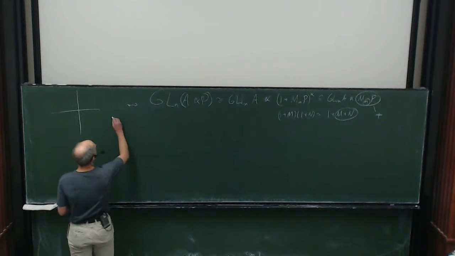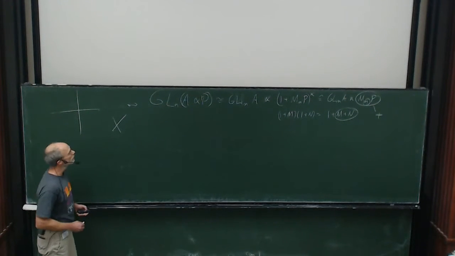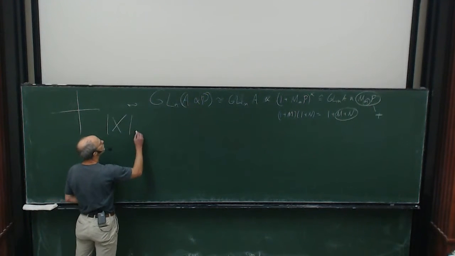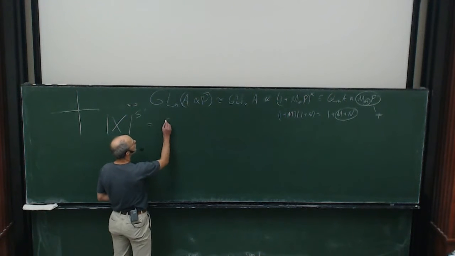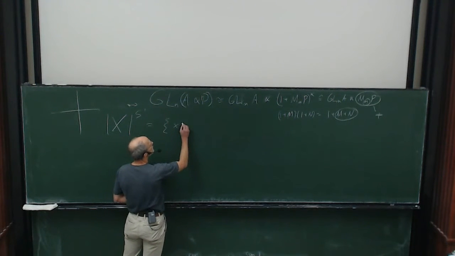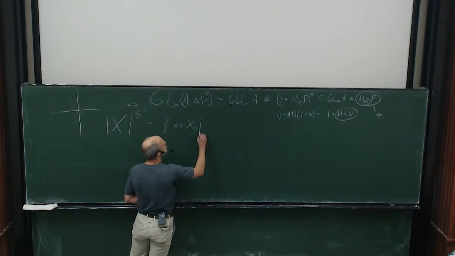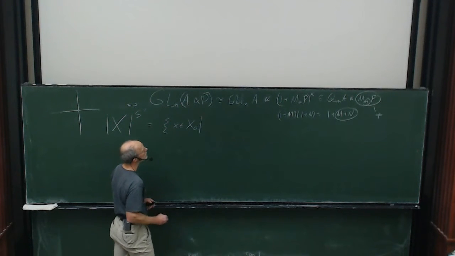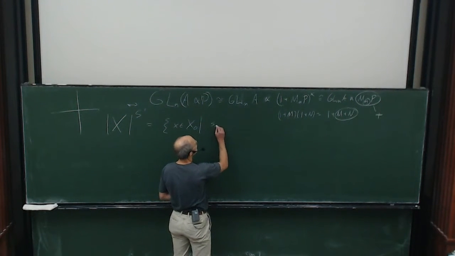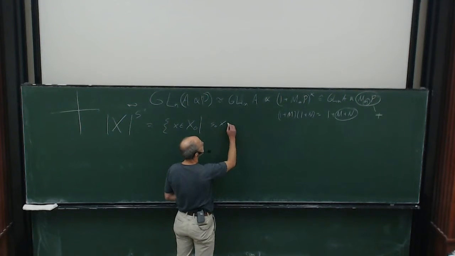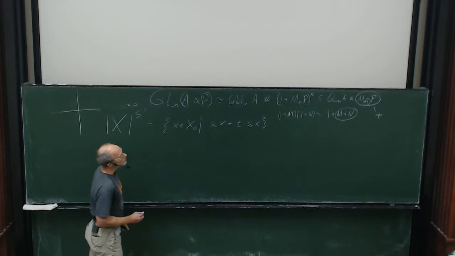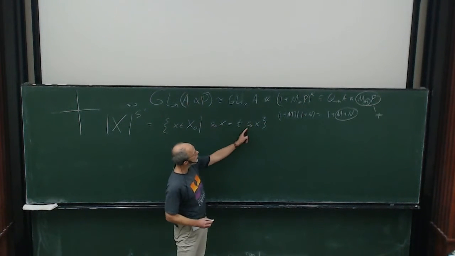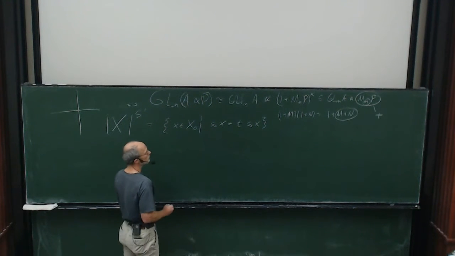So if X is a cyclic set, and you realize that, and you take the S1 fixed points, then that's exactly the vertices of X that have the property that if I take the degeneracy of it, well, then I get the same as if I take the degeneracy and then use the cyclic permutation.